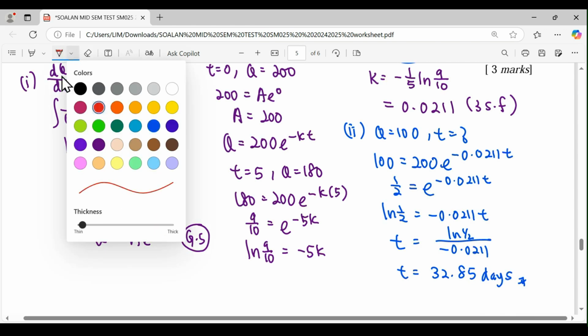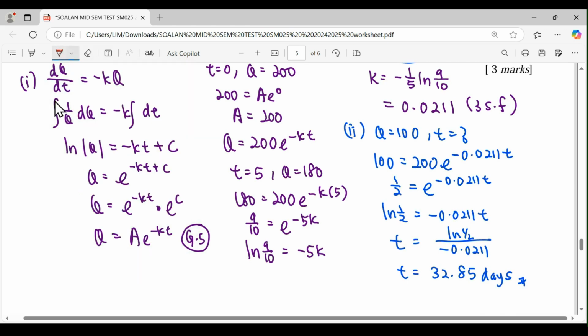Alright, we see what is important here. The first one is you solve this by separating variables method, and you integrate it. We see how you integrate to get to your general solution, and start to find your A value, substitute another information, come up to the final answer of k value here.